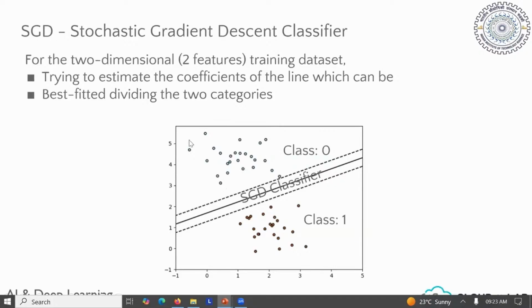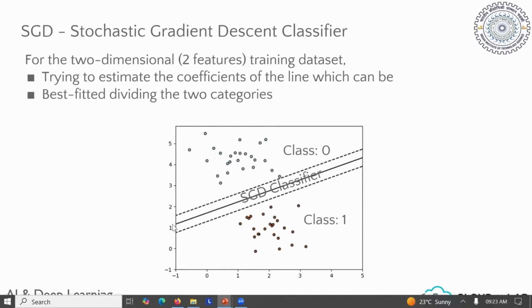Okay. So let's say all these points belong to class 0, and all these points belong to another class, class 1. So we have two classes of data, class 0 and class 1, and our goal is to separate out these two classes.